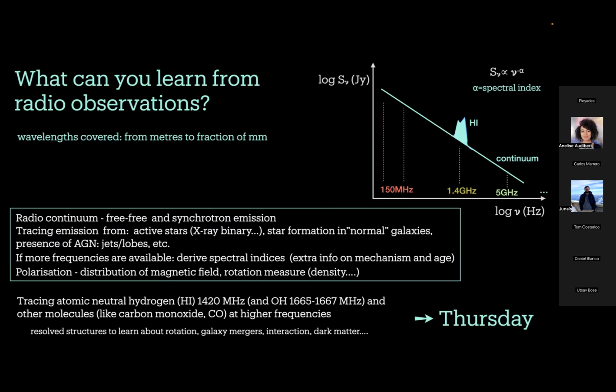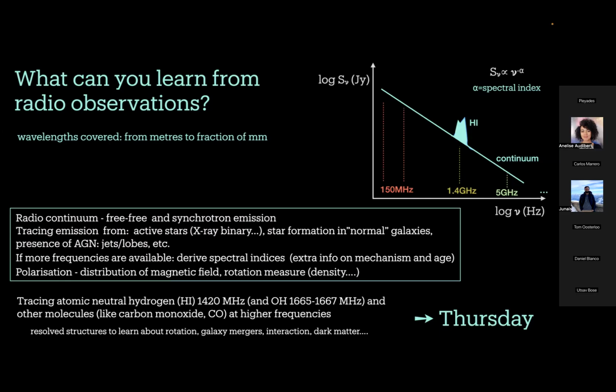So the emission that you see at all the wavelengths or frequencies that you observe, these are the typical frequencies. 1.4 GHz is in a way the central frequency we like. This is the low frequency that LOFAR does, and all the high frequencies, so ALMA will be up here.